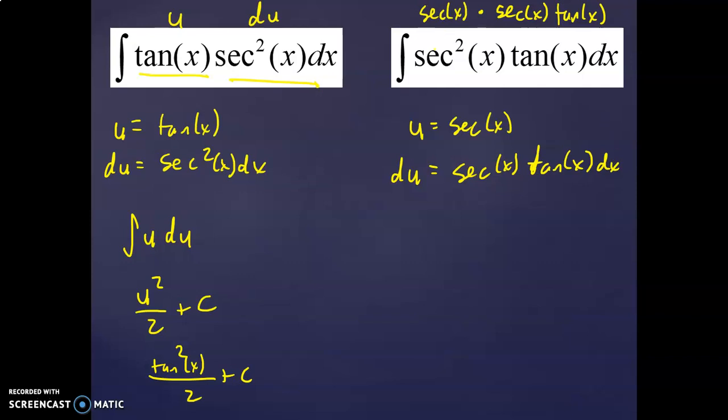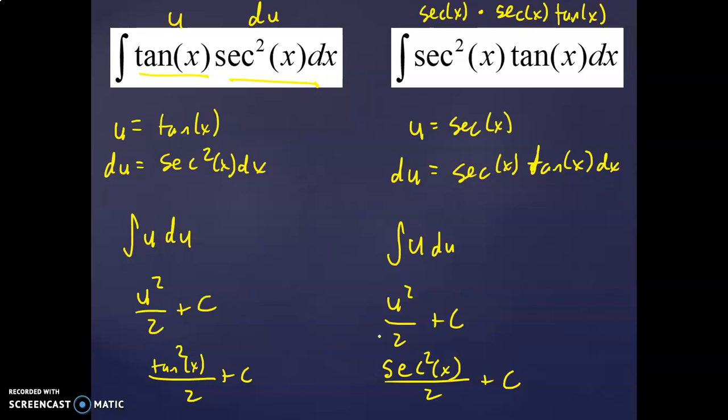So I can make it just be u du again. So it's still just the integral of u du, but I have a different u function. So I'd get u squared over 2 plus c. So instead of tangent squared over 2 plus c, I'd get secant squared of x over 2 plus c.